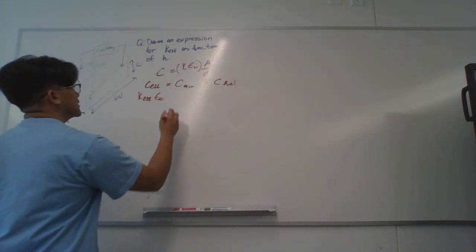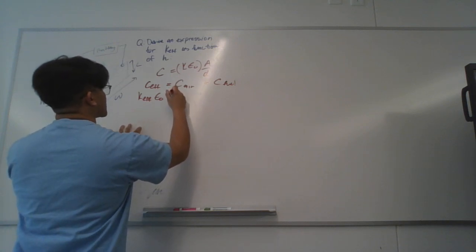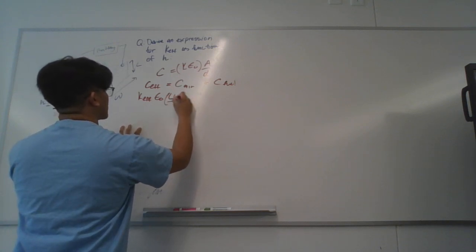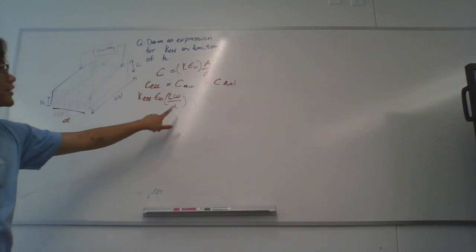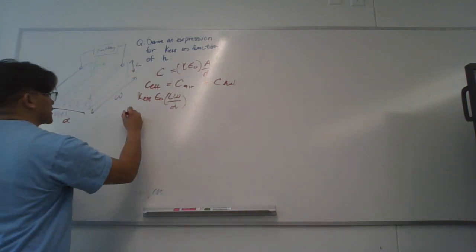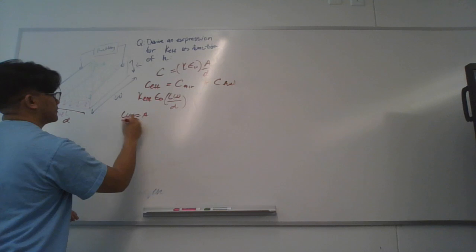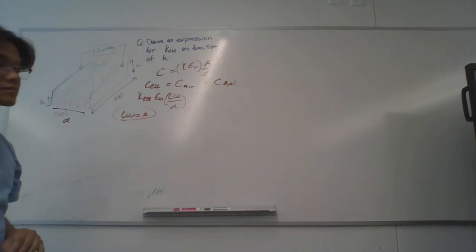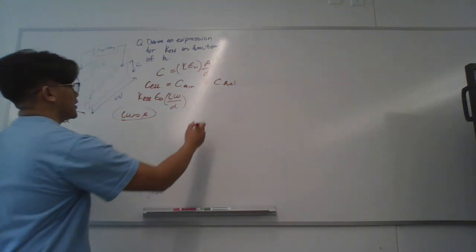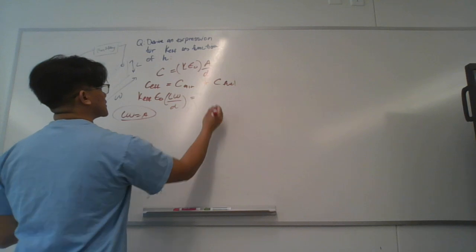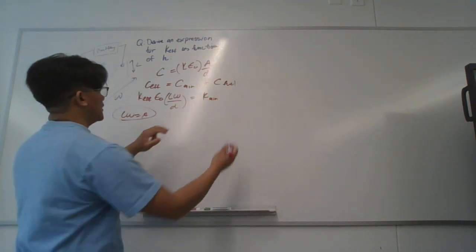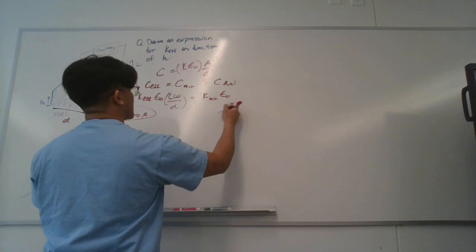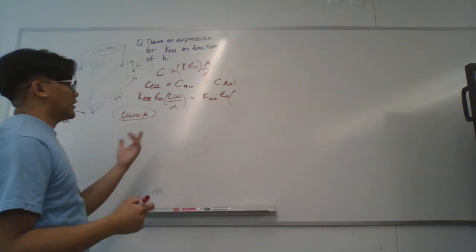So it's just length times width over D. We're just going to say that L times W is equal to A. Then for the air, we're going to say K air times epsilon naught multiplied by the length.